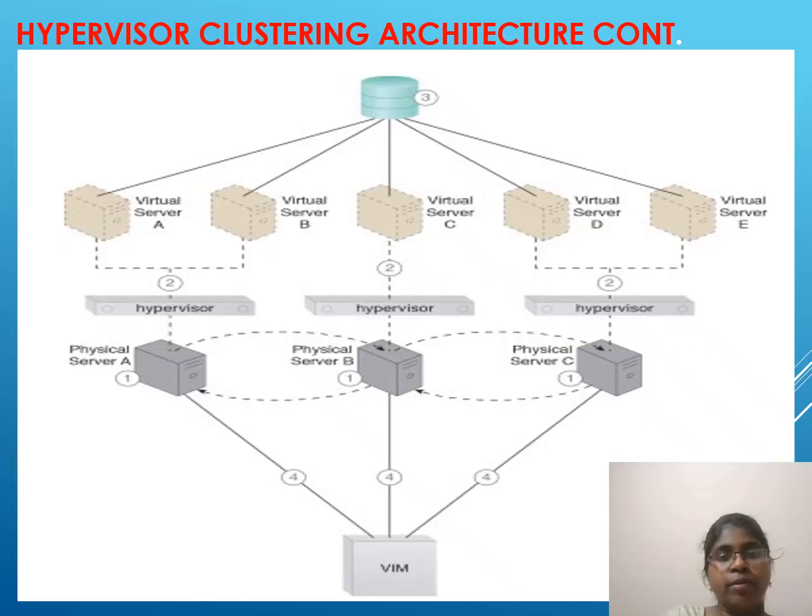This is the hypervisor clustering architecture. What is hypervisor clustering architecture? It groups the hypervisors together for high availability and resource sharing. Like virtual servers, it contains many virtual servers. The hypervisors can connect with multiple physical servers.